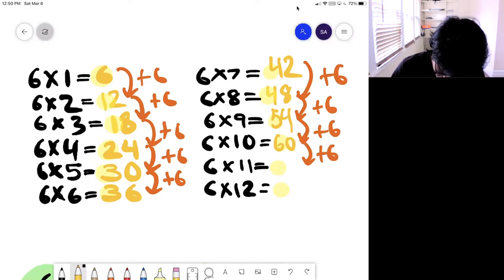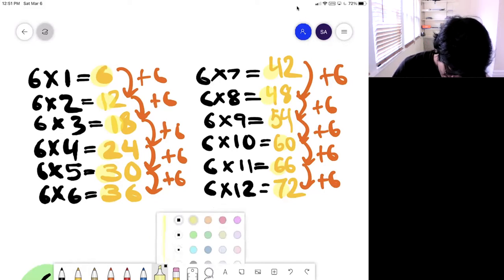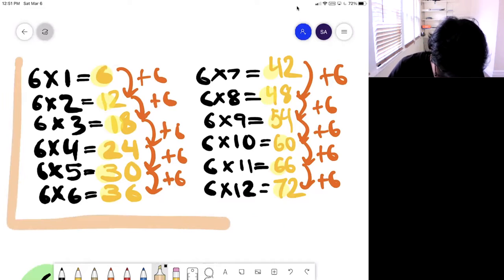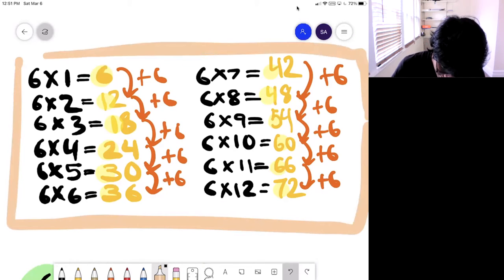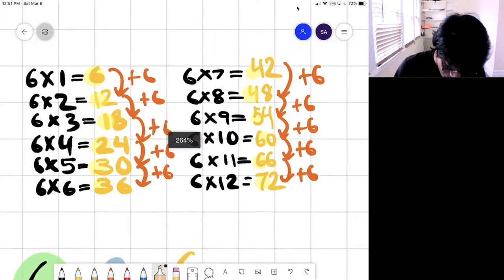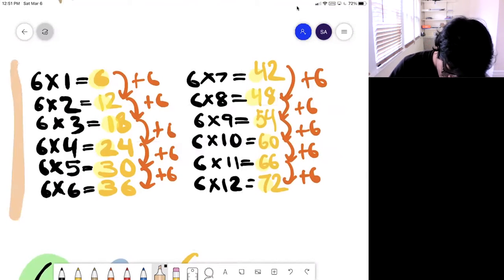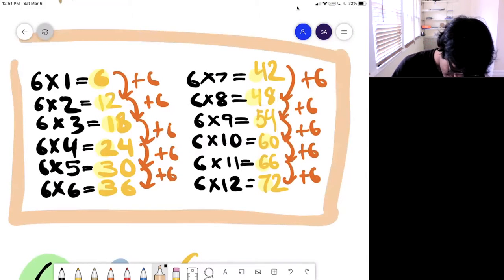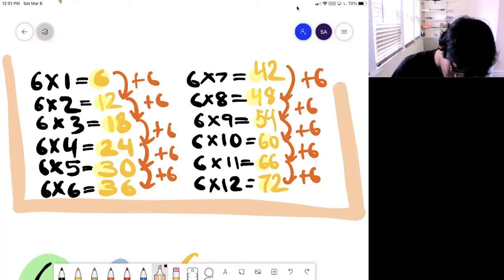You're going to get 66. Add 6 to 66. 66 plus 6 is 72. And look at that. We have the entire 6 times table. This, ladies and gentlemen, is the entire 6 times table.